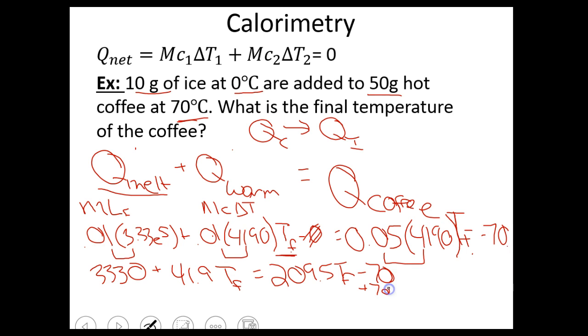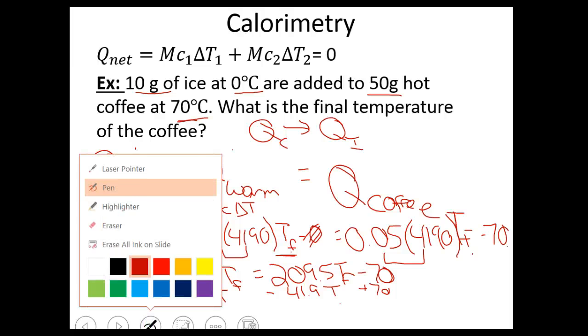I'm going to add 70 to both sides. Okay. And I'm going to subtract 41.9 T from both sides. I am going to erase all the work on the slide, so watch out. Go ahead and write down the work.